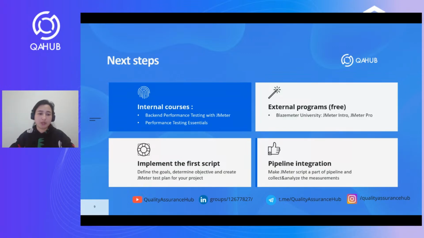And after approving it with the project, if you are successful with it, it's also possible to implement a pipeline integration for JMeter scripts. In my experience, it was about Jenkins, and with DevOps, we made the performance test part of our pipeline, and we tracked the metrics after each build.